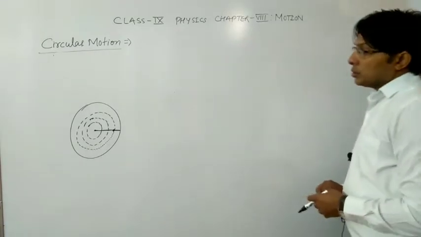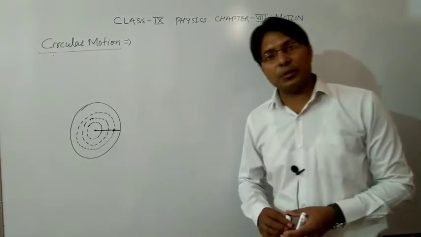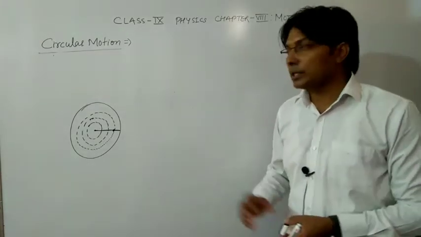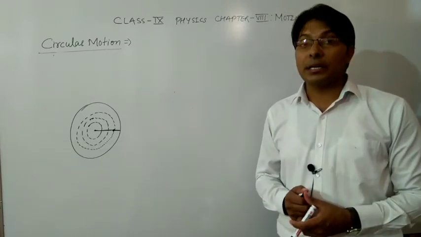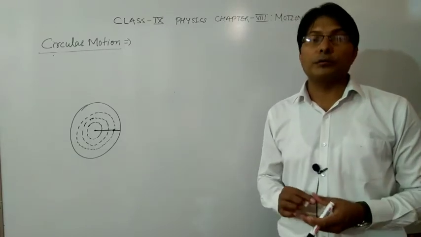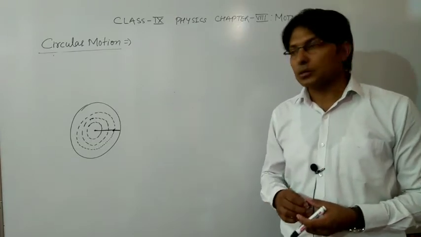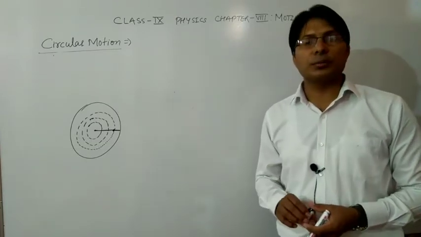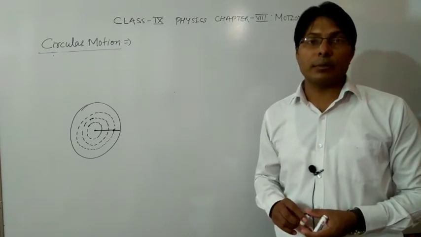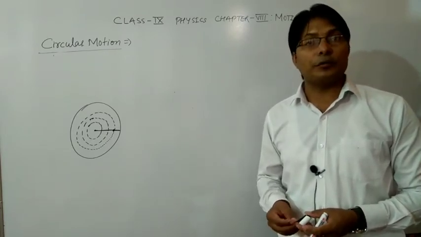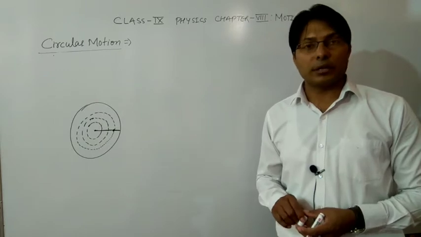Okay, any other example you can think of? The motion of a particle situated on one of the wings of a fan. Here also you can assume that each and every particle situated on the wing of a fan is doing circular motion.